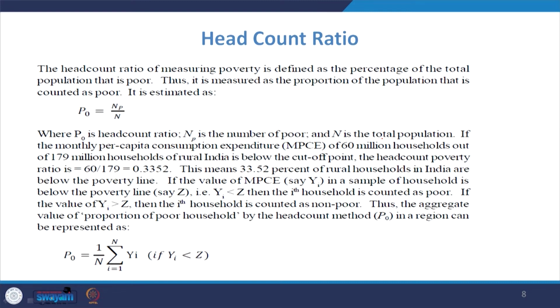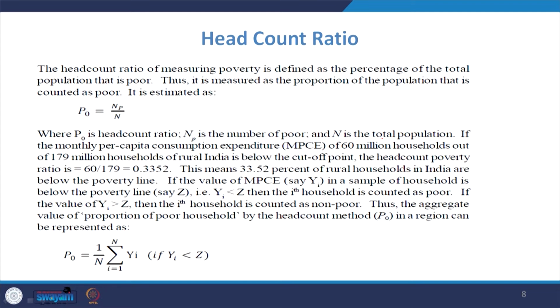Thus, it is measured as the proportion of population that is counted as poor, and the simple formula is P0 equal to NP divided by N. Here P0 is head count ratio, NP is number of poor and N is total population. So, if you divide the number of poor by the total population of a region, a country or a state, then you will get the head count ratio.